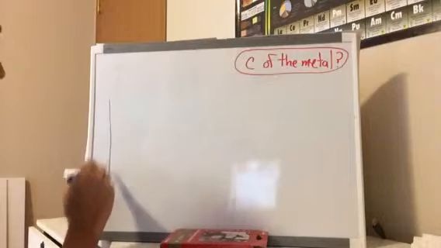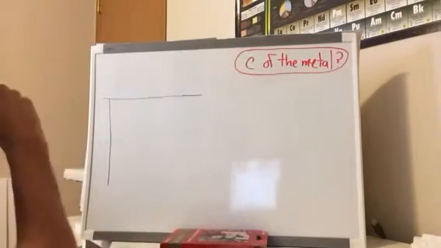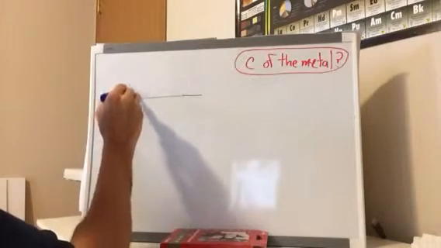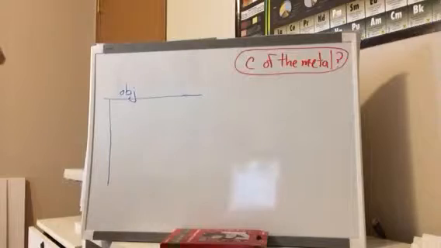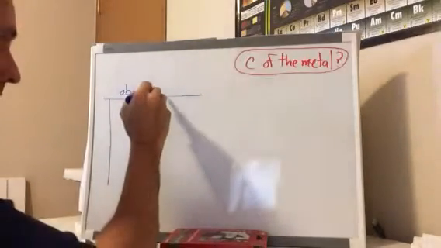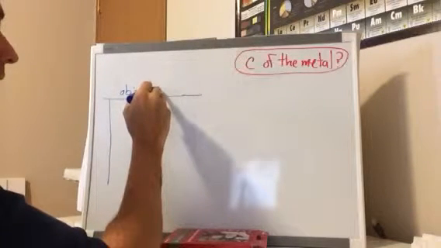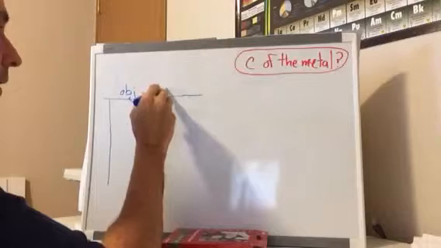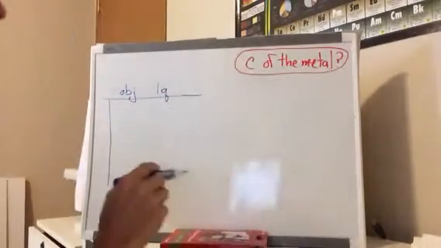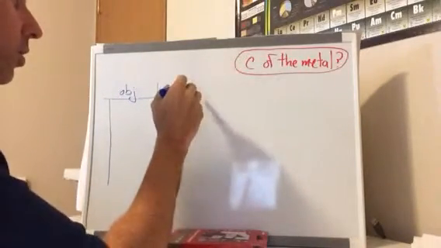What I do to stay organized is make myself a little table with 3 columns. I have one column for the object. The object is typically a metal, at least it has been so far in our questions. The next column is the liquid, and typically the liquid is water. Water is very easy to use for calorimeters, but it isn't always, as you might have noticed in your questions.